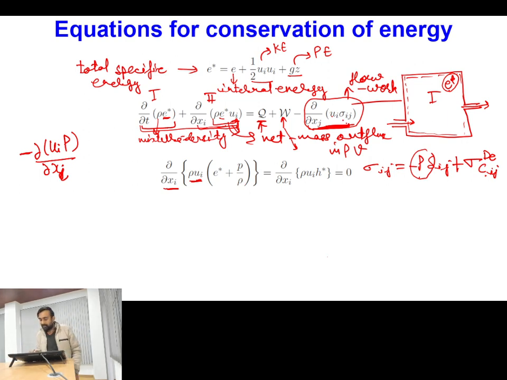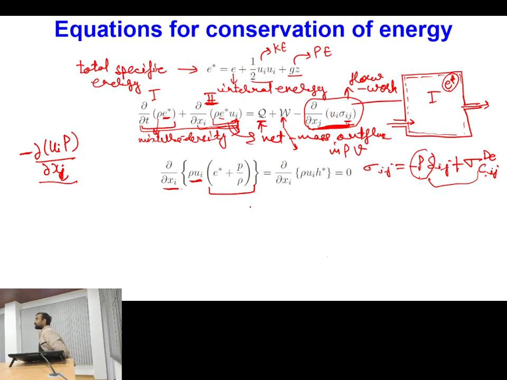So on the right hand side, this capital sigma ij I have replaced with this term, and here I have at the moment considered only the pressure term; the second term I have not considered at the moment. Once I take this pressure term to the left hand side and combine with the second term on the left hand side, I will be getting this quantity as E star plus P by rho.